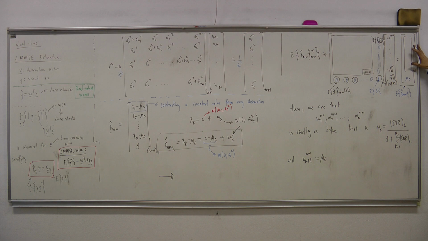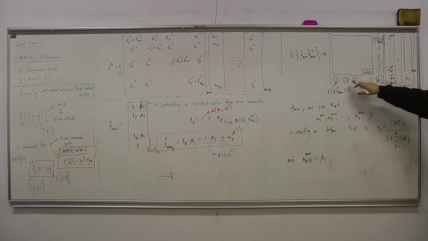The first n rows are identical, and in the n plus first row this weight is equal to mu c, that is it.